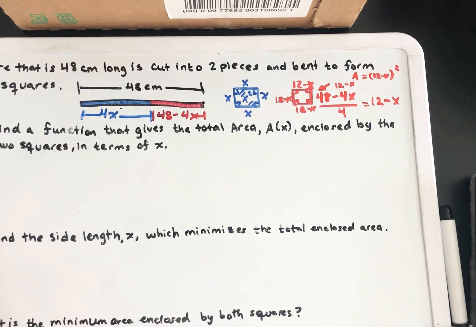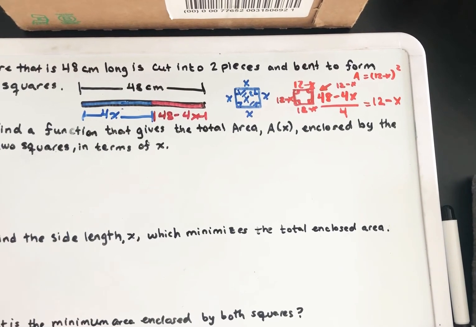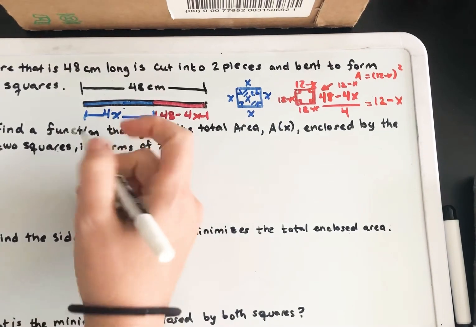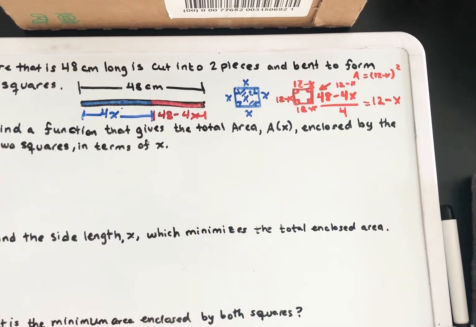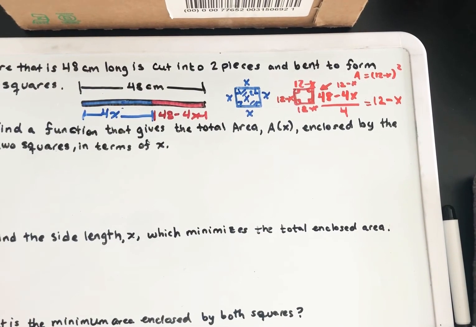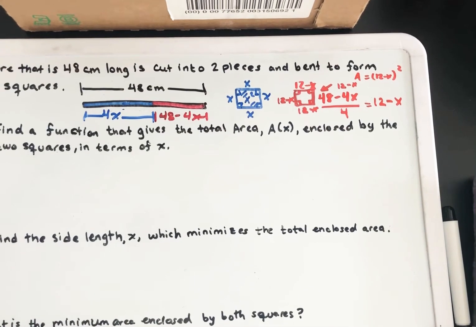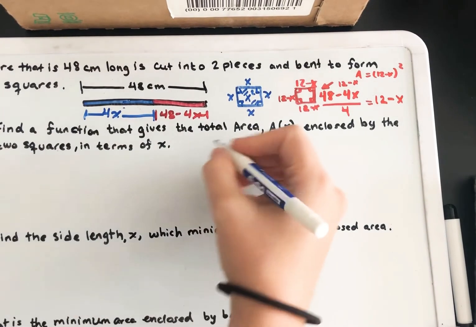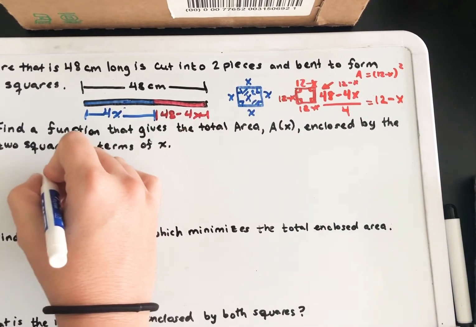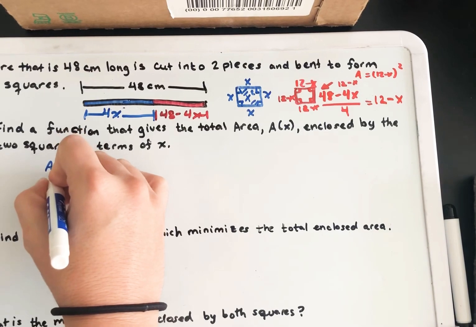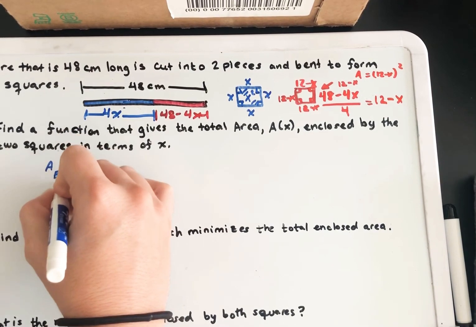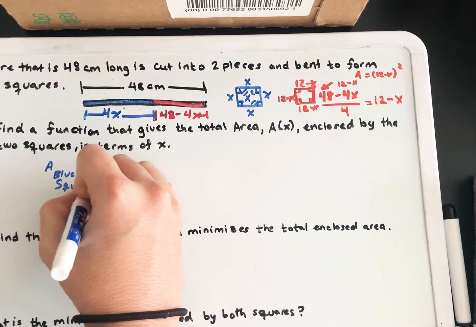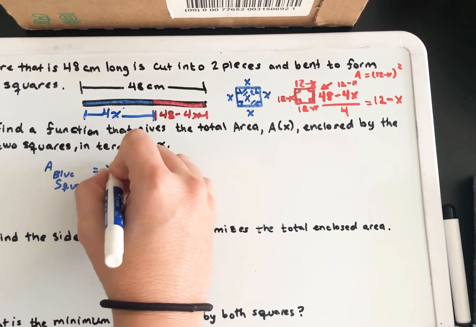So now when they ask you in this first part of the problem, now that we visualize what's going on here, when they say, could you find a function that would give us the total area enclosed by the two squares? So the total area would be your area of your blue square, which we got was x squared, right?